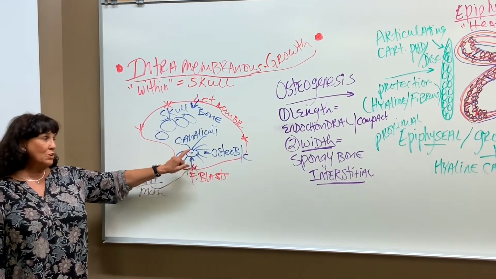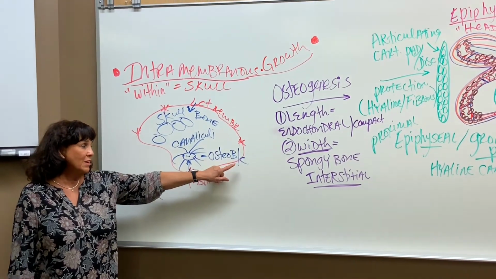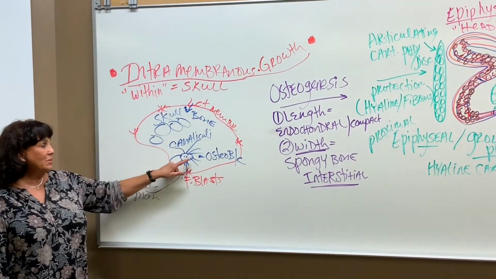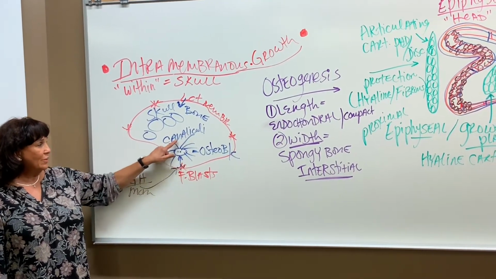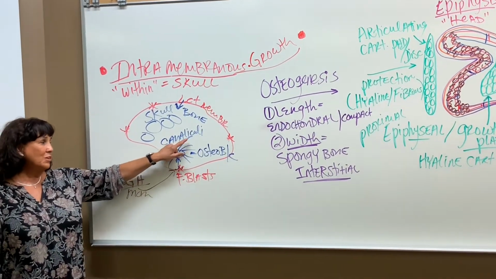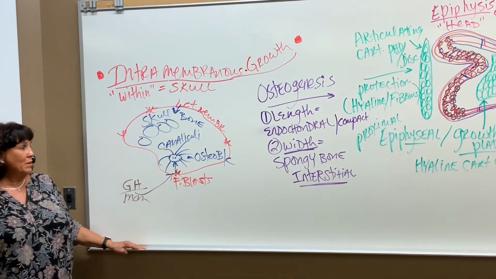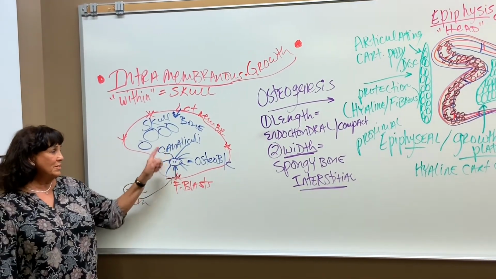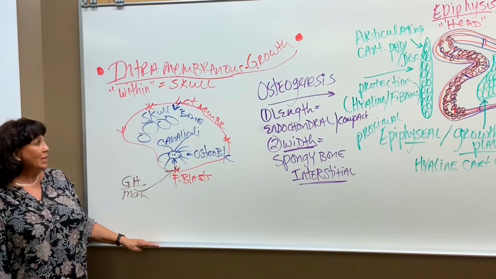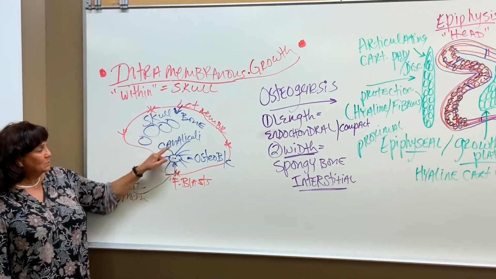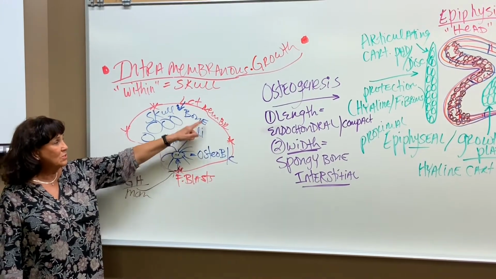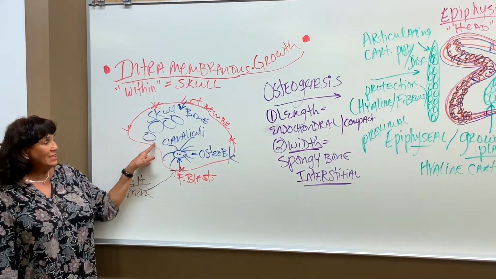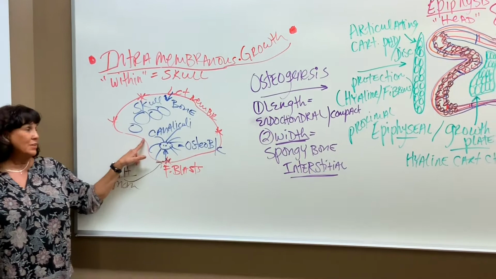And bone cells are called what? Osteoblasts and osteocytes. And so here's a typical bone cell. It has cell membrane extensions called canaliculi, and they will actually be getting their food from blood vessels through these extensions. So the canaliculi and the bone cells, they're just going to fill up this whole area of this membrane, and this happens only in the skull.